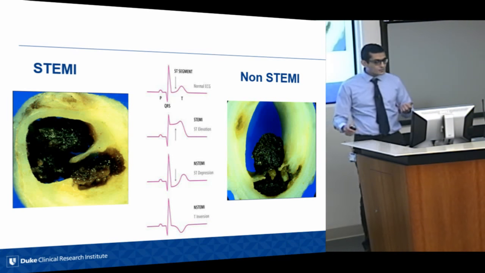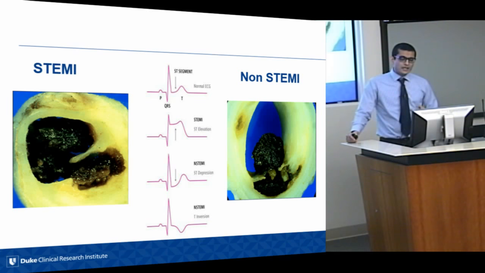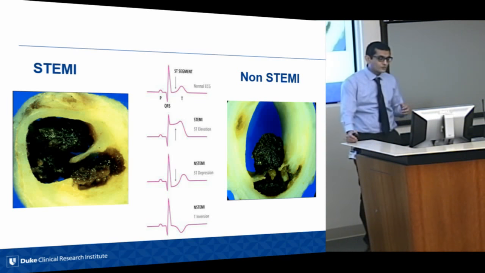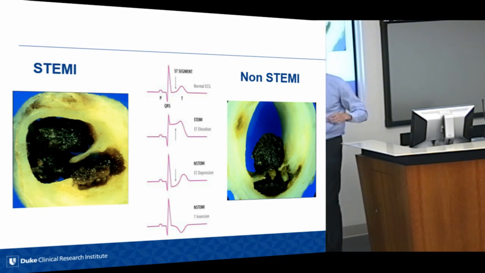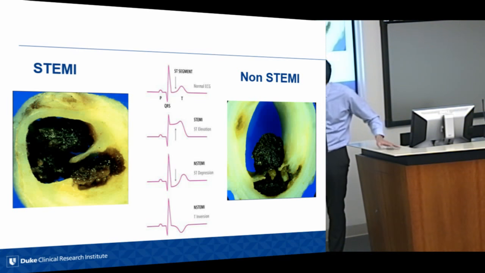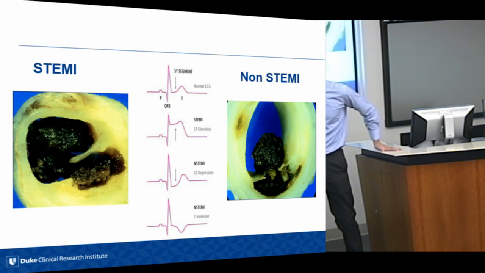These diagrams you may have seen before are key in highlighting the differences between STEMI and non-STEMI. The diagram on the left shows a coronary artery. This was the lumen of the coronary artery.